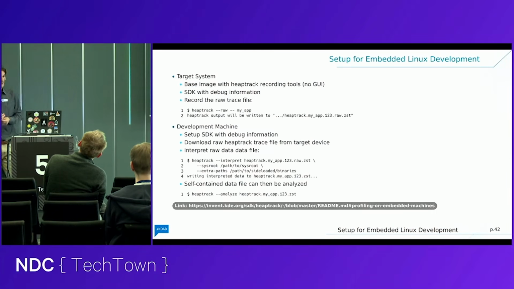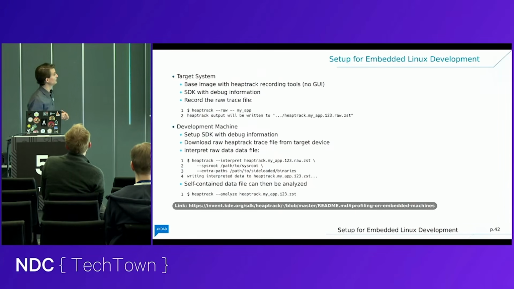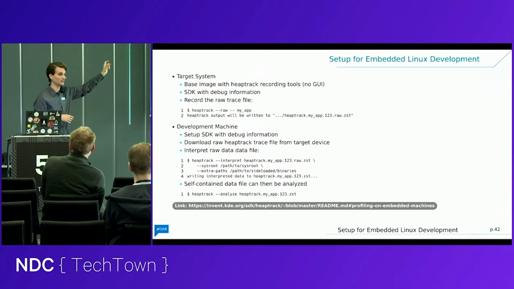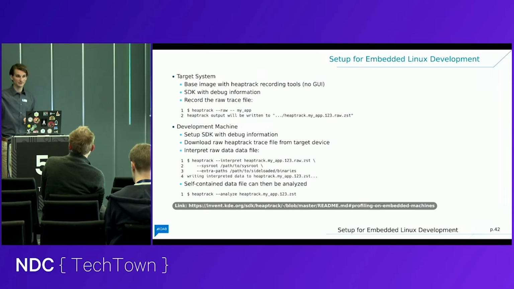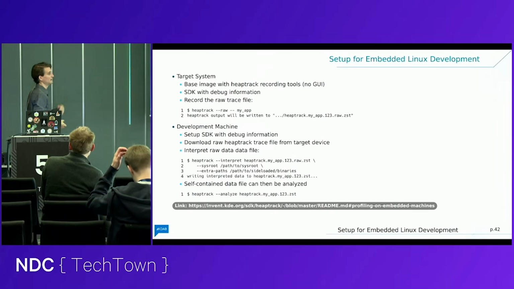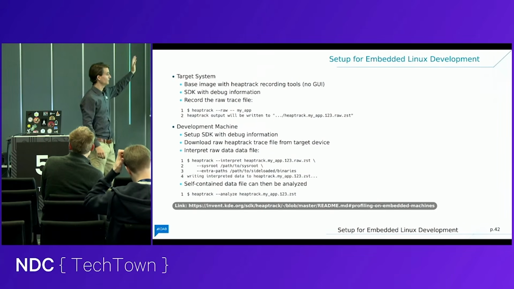So with Heaptrack, you would record using --raw, this is important to keep in mind, on the embedded device. And then similar to perf, you would collect the data to your development machine where you have the SDK, where you have the debug symbols, where you have your side-loaded application, you name it. And then it starts to look very similar to what we did with Hotspot.